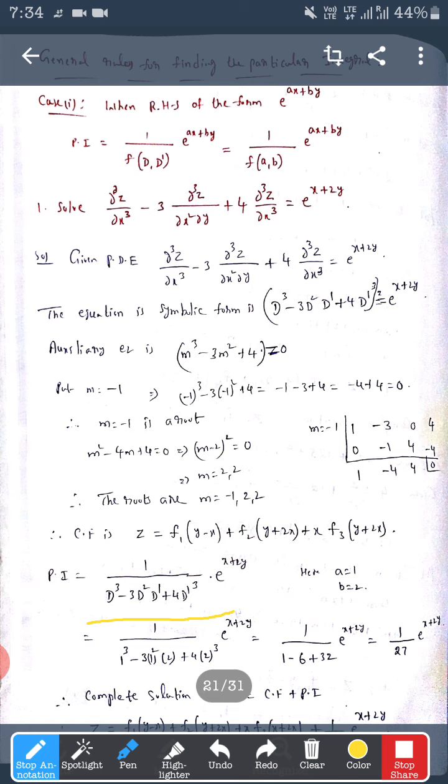So if you compare e power of x plus 2y with e power of ax plus by, here a is equal to 1, b is equal to 2. Therefore, in place of D we have to write 1, and in place of D dash we have to write 2.